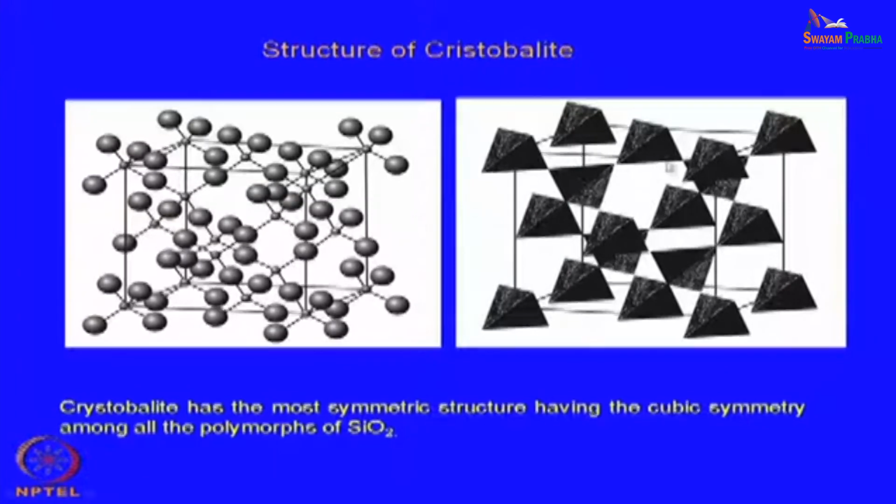You have a repeating unit of these tetrahedra, arranged in a particular geometric pattern, and that gives you the complete silica structure, SiO2.